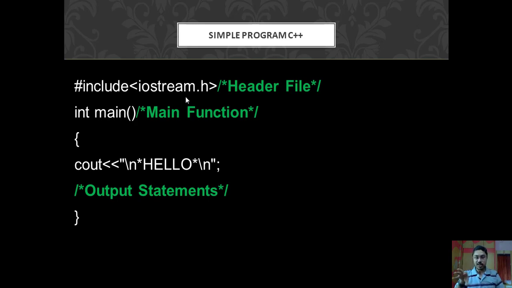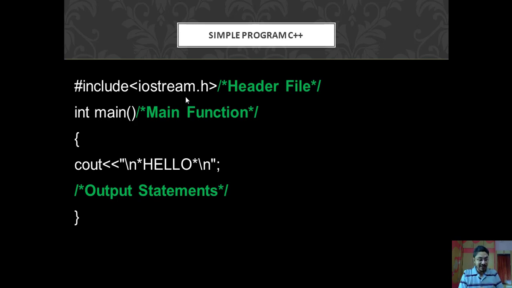In C++, we consider it as a stream. Stream in the sense, a sequence of bits. Like when we say there is a stream of water, there is a sequence in which the waves are coming, isn't it? Similarly over here, we consider input and output as a stream of data.